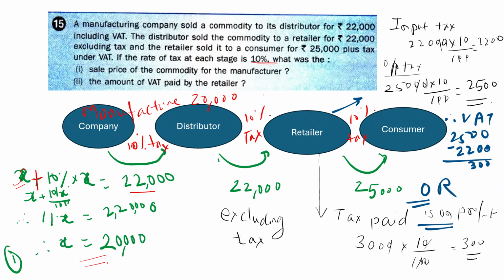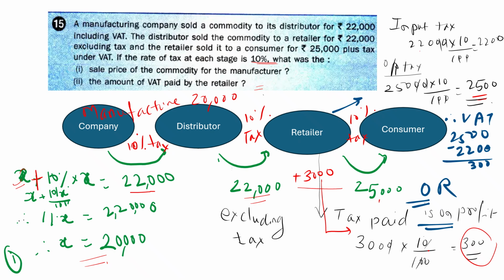Now the distributor to retailer including tax is 22,000. And the retailer sells the same product to the consumer at 25,000. Now how much tax is paid by the retailer? You can say directly, tax paid on profit. It is the profit of 3,000 rupees. So you can say 3,000 into 10%, rupees 300, or you can say the customer who pays 25,000 pays output tax of 2,500.